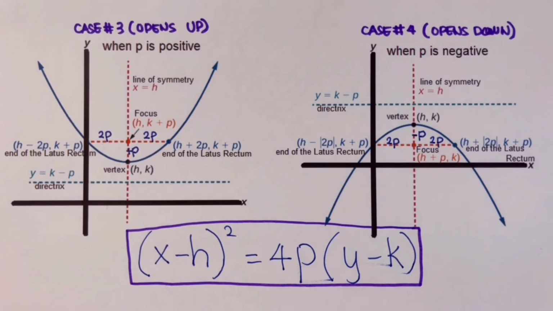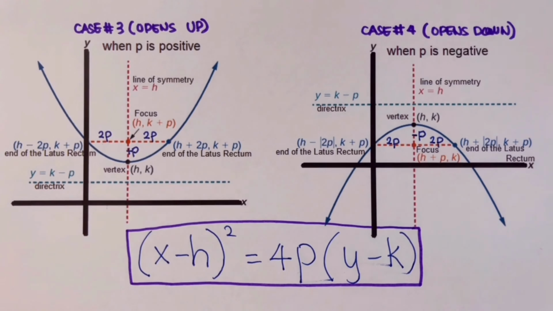Okay, now we remember that the directrix is a line that is located p distance across from the focus. So the distance from the vertex to the focus is the same distance from the vertex to the directrix.